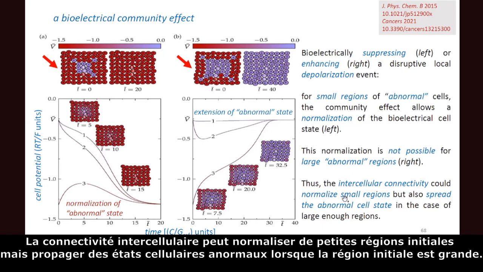So the intercellular connectivity could normalize small regions initially when the abnormal region is small, but can also spread the abnormal cell state later when this initial region is big enough, is high enough in size.